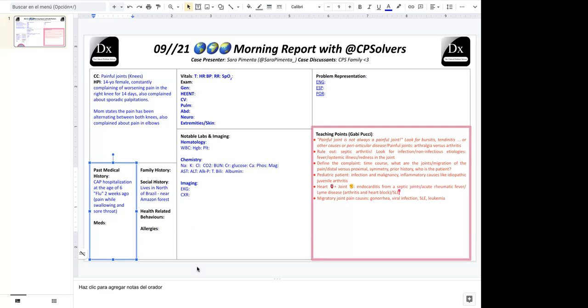It can go to different joints, and certain viral causes sometimes can be additive, but sometimes can go to different joints. Lyme disease, SLE, and leukemia as well. So just keeping the differential broad, even though it certainly sounds like we have clues for a certain etiology.